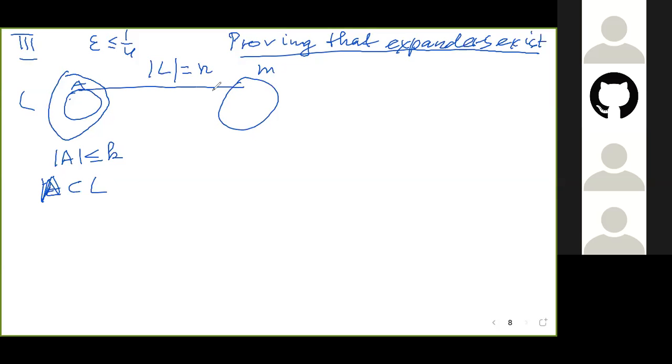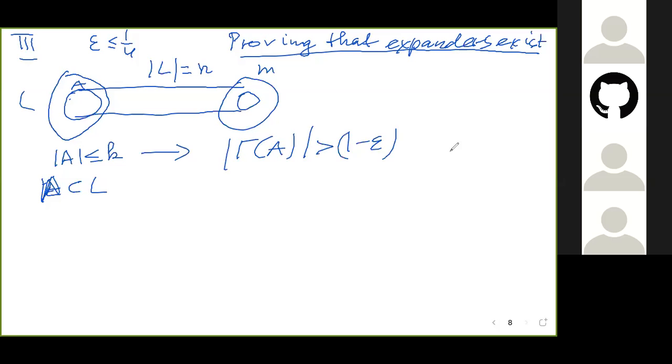And the requirement is that every set gets expanded. That means that if A has at most K nodes, then it has larger than (1 minus epsilon) times D times the cardinality of A neighbors. And also there is another requirement that each left node has exactly D neighbors.